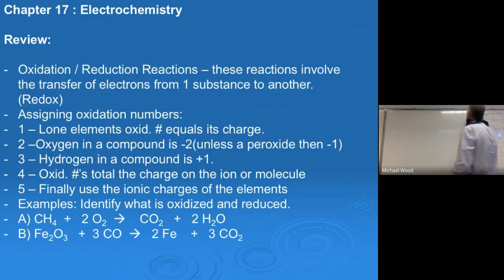Two peroxides to watch for are this one and this one. The key is when you see oxygen with a subscript 2. Hydrogen's a positive one, so this would have to be a 2.